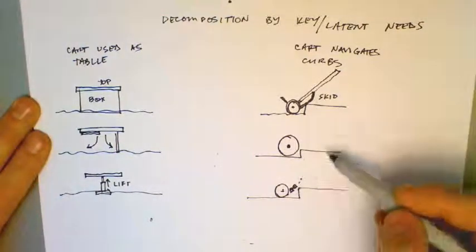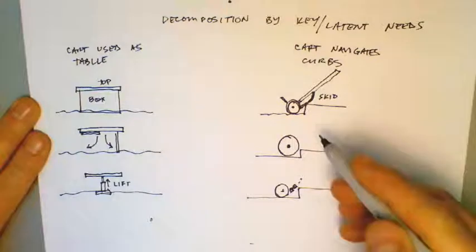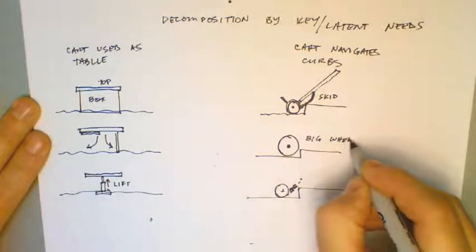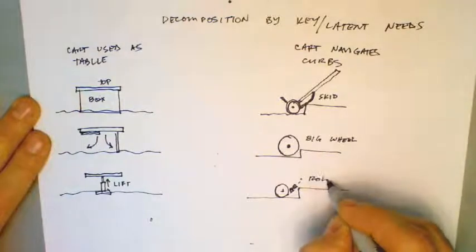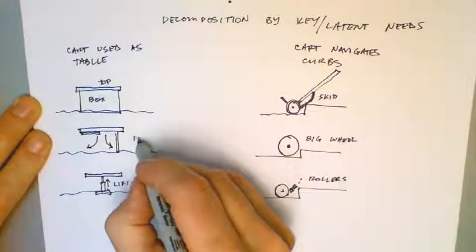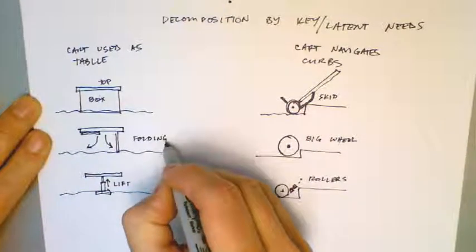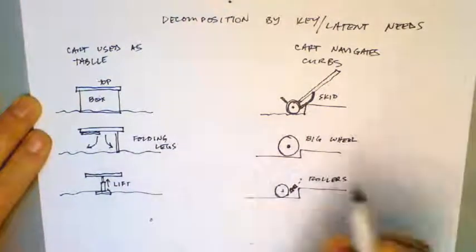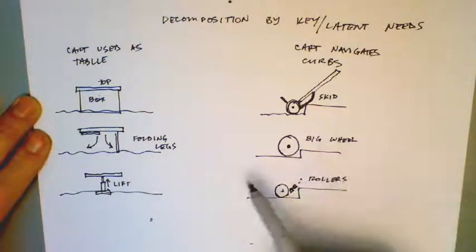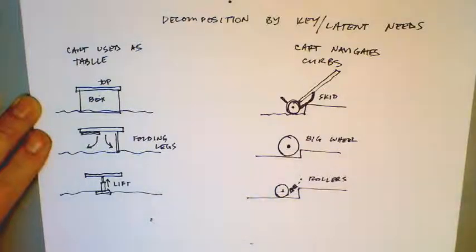All right, so again, that's thinking about just the curb problem. And this is the roller solution. So now the trick, step 3 in the decomposition principle, is to take one from column A, one from column B, and form an integrated solution.